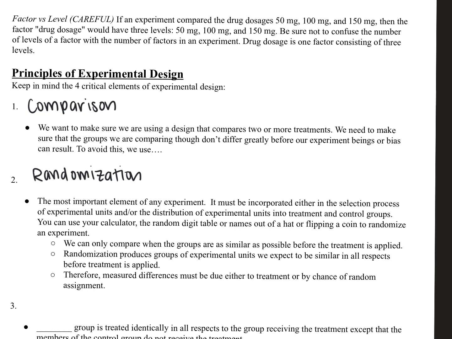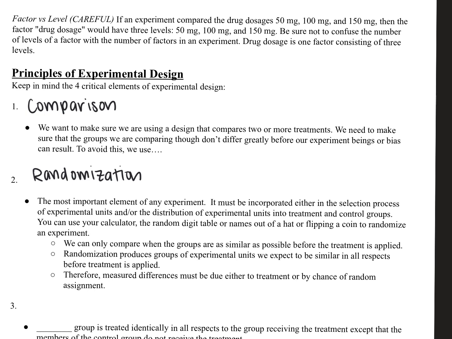So it can either be incorporated in the selection process of your experimental units, so how people or subjects or anything else is chosen, or so you could technically do both, the distribution of those experimental units into your treatment and control groups. And we're going to talk about control groups here in a second.